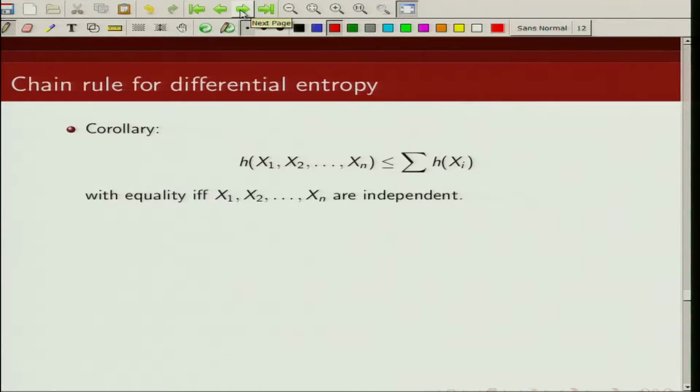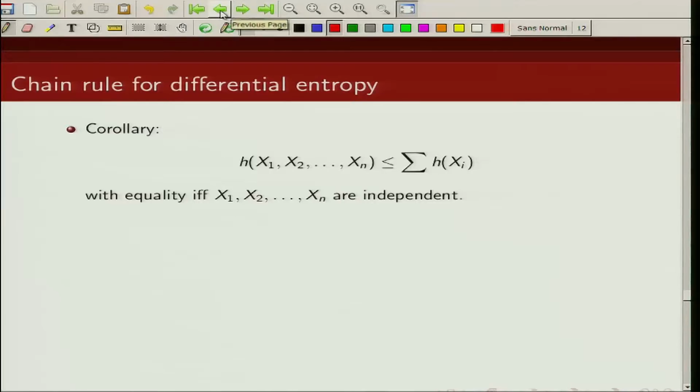And since we know conditioning cannot increase entropy, again this can be very easily proved. We have just now shown divergence is greater than or equal to 0, and we know mutual information is the divergence between the joint densities and the marginals. So mutual information should be greater than or equal to 0, and from there we can prove that conditioning cannot increase entropy.